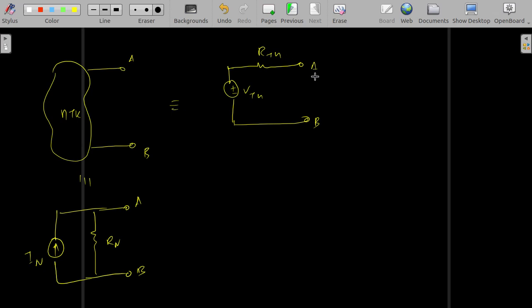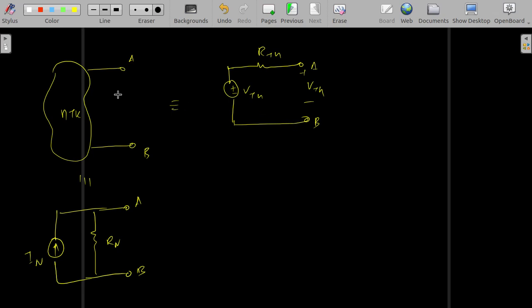So if we keep this terminal open and we measure the voltage across this terminal, what will it be? It will be VTH.